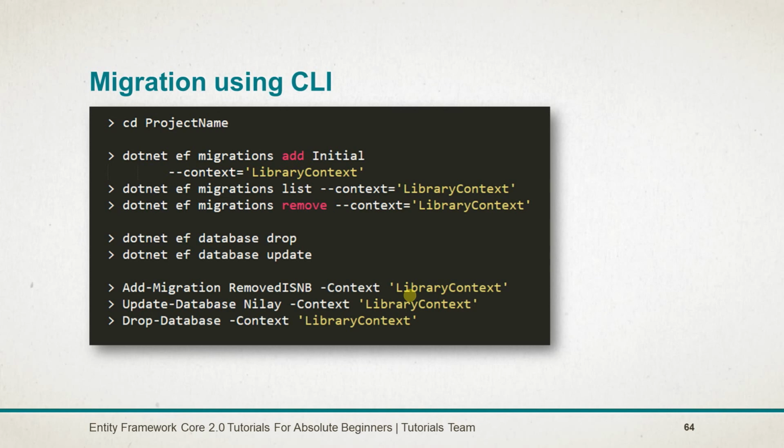To drop the database, we need to use the drop command. Along with those commands, we can also use the commands provided by the package manager console for the migration, which include add migration, update database, and drop database. Note that we need to specify the context name if there are multiple contexts in the project.